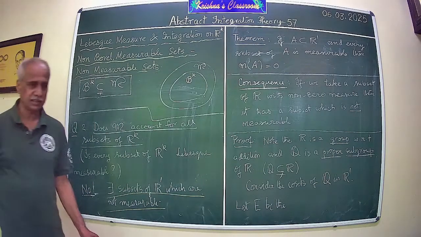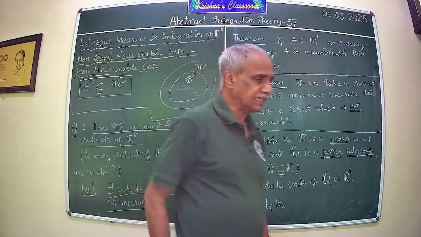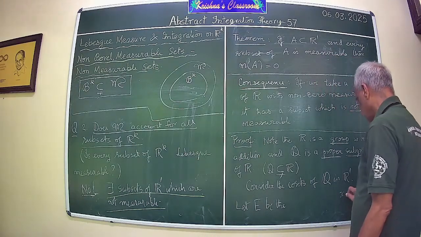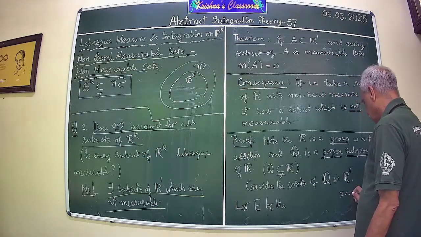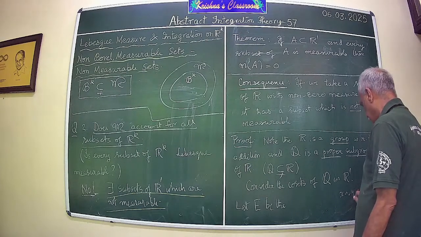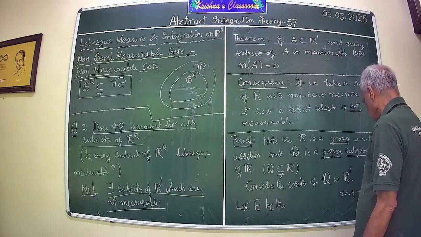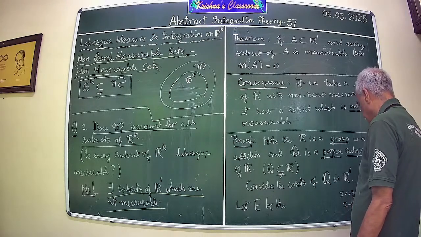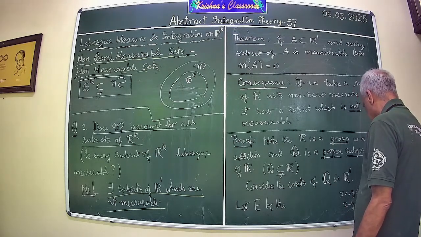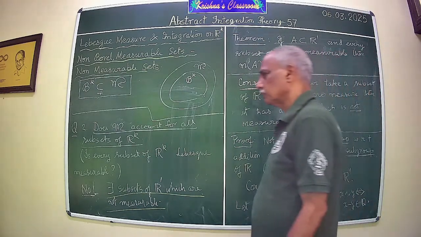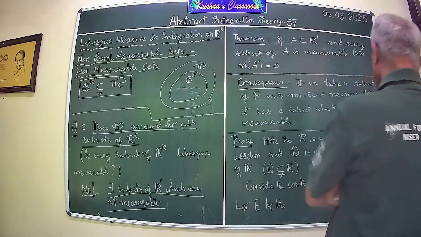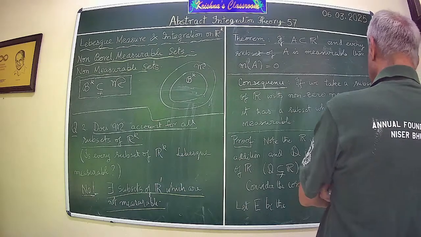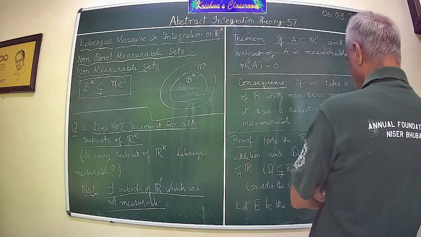Define an equivalence relation, that is x is equivalent to y if and only if x minus y belongs to Q. Okay, that means x is equivalent to every element of the form y plus r, where r is a rational.